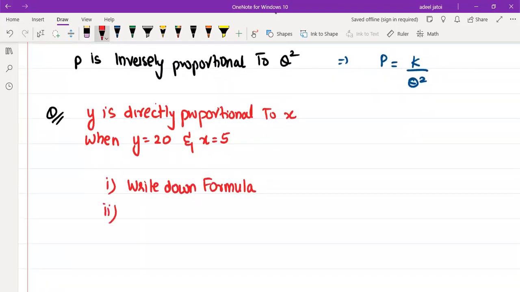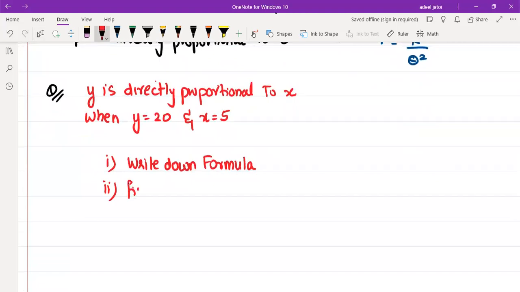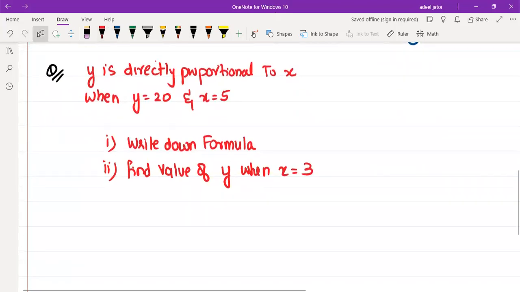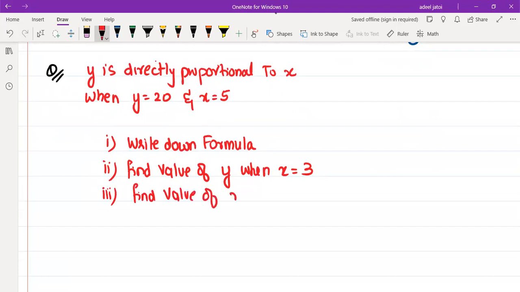Part 2, the examiner can tell you, find the value of y when x is equal to 3. Or the examiner can also ask, find the value of x when y is equal to, let's say, 40. This is the question which the examiner can ask you, right?